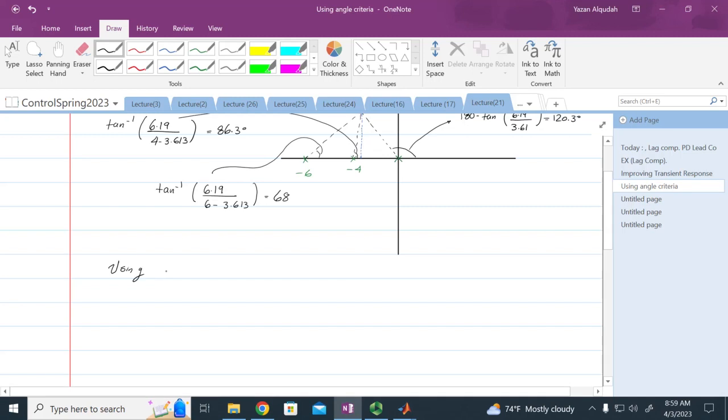Okay, so using the angle criteria, we want the summation of angles from zeros minus the summation of angles from poles to equal any odd multiple of 180 degrees.